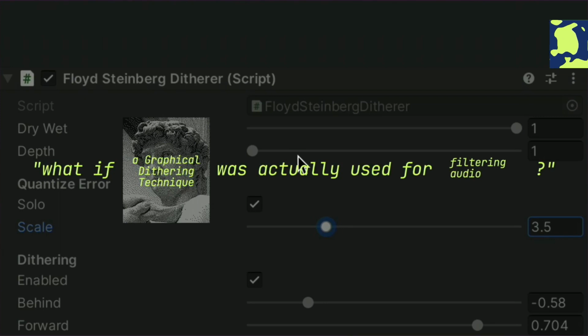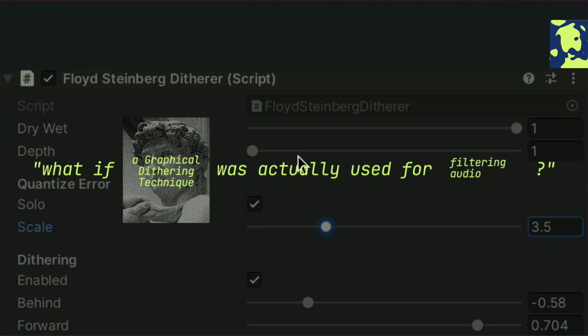So I just started making all these things, and a lot of it was centered around taking algorithms from other spaces, like graphics or math, and just wondering what would this sound like if you applied it to a signal like audio. It yielded a lot of interesting experiments, and it was a whole lot of fun.